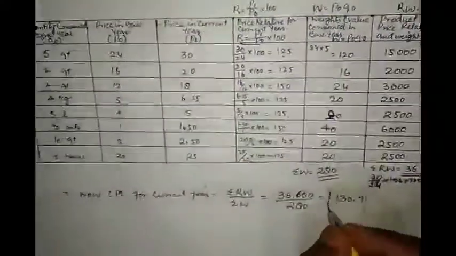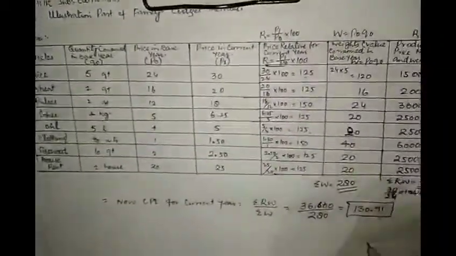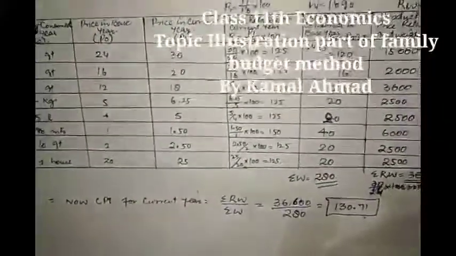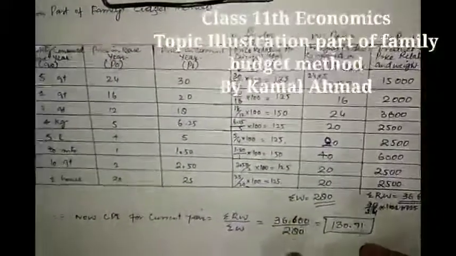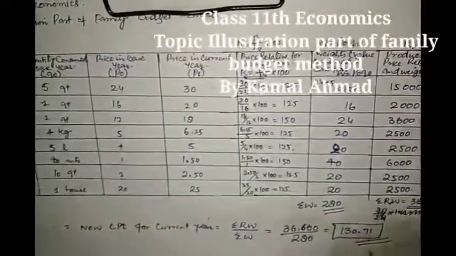In our previous class, when we summed up the values of the same data in the aggregate expenditure method, we got the same answer, 130.71.